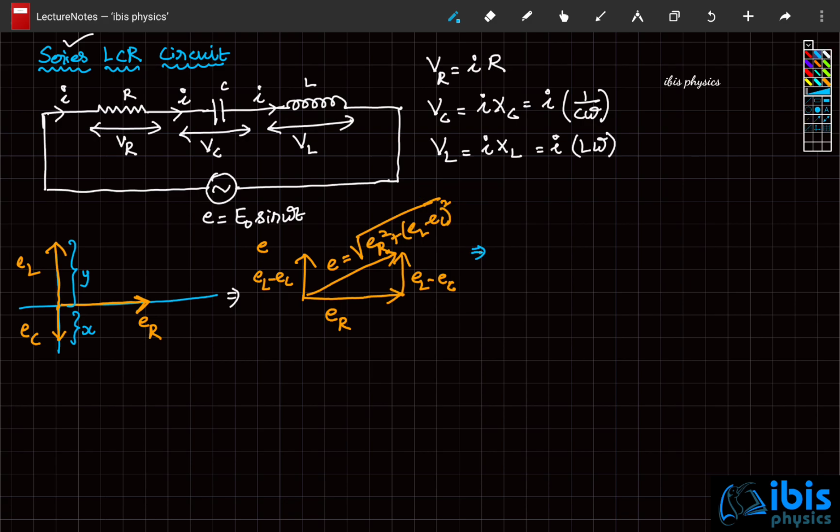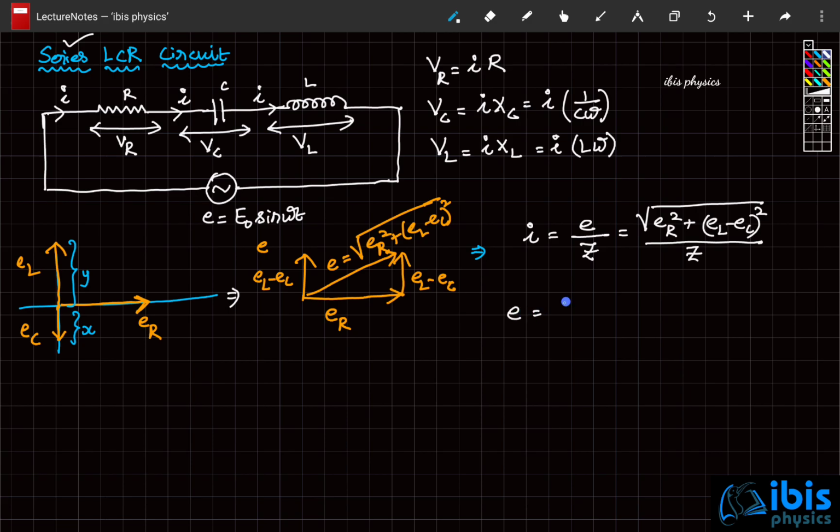So if you write like this, the total current in the circuit, I, will be equal to total EMF by total resistance. The total EMF is given as root over ER square plus EL minus EC the whole square. Let's write the total EMF first, which can also be written in terms of VR and VL.